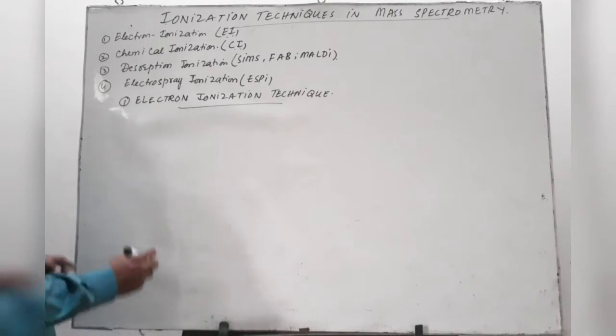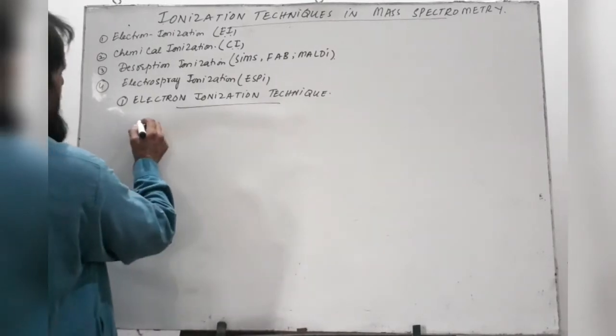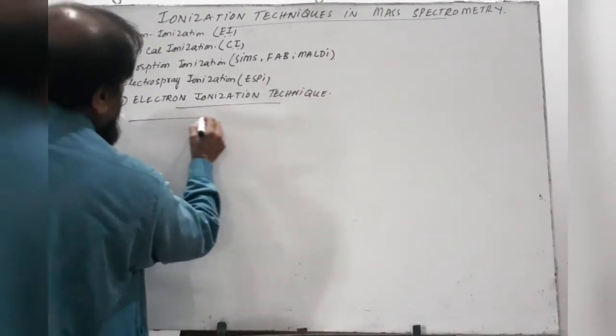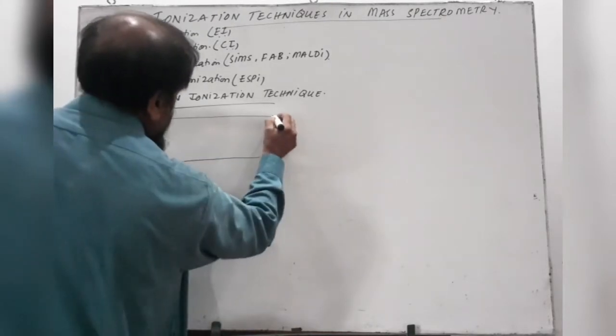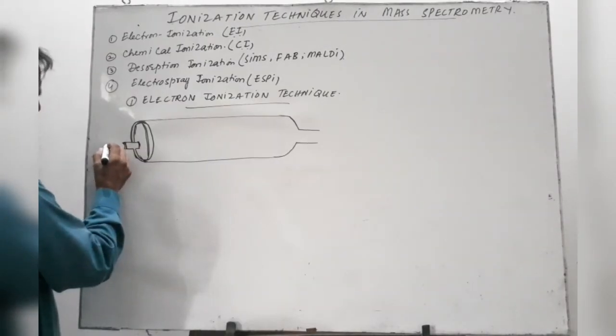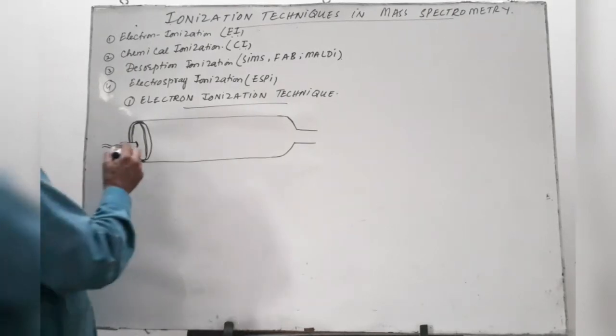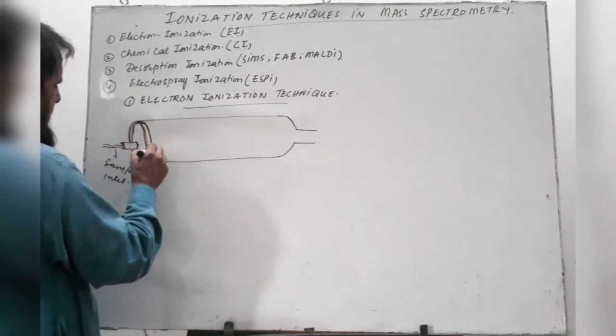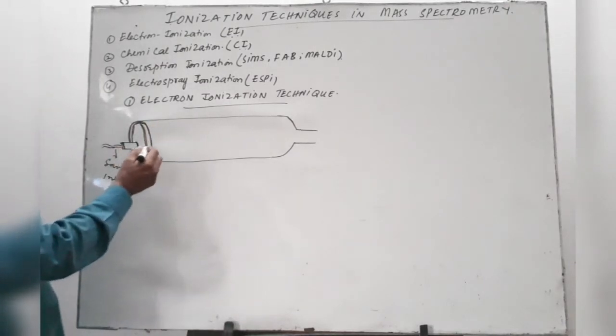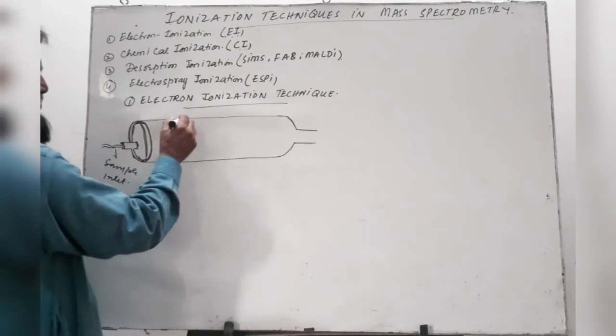In this technique, the arrangement is as shown below. It is the ionization chamber. Here we have the sample inlet. From the sample inlet, the sample is introduced into the ionization chamber.